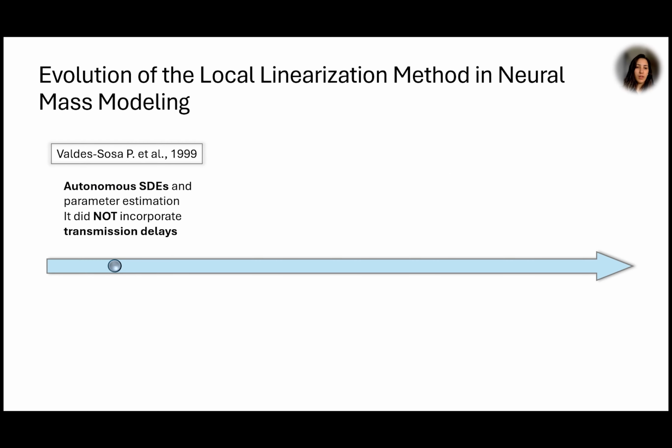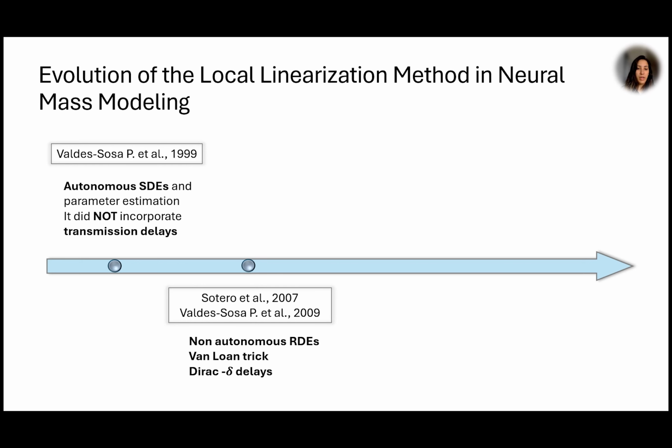In this slide, I want to briefly show you the evolution of the local linearization method in neural mass modeling. Firstly, it was applied by Valdez-Souza for parameter estimation to autonomous stochastic differential equations. It did not incorporate transmission delay, which was not generally modeled at that time. After, we have Sotero and once again Valdez-Souza, and they worked with non-autonomous random differential equations.